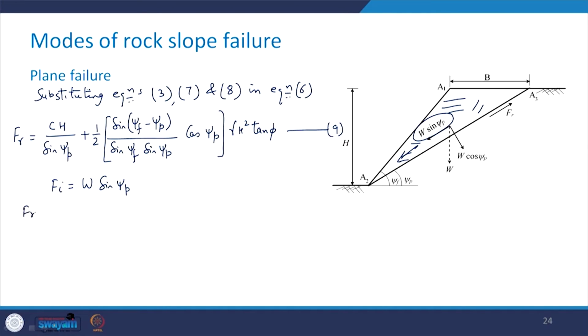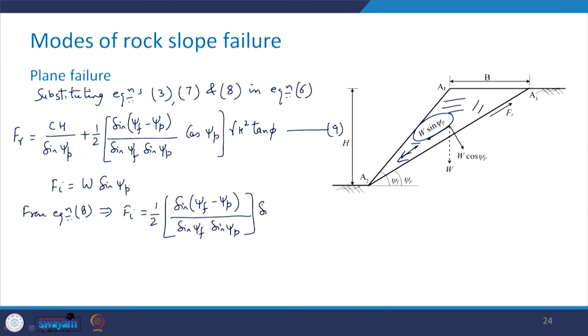Now, from equation number 8, substitute the value of W here, and you will get Fi as half sine psi f minus psi p divided by sin psi f sin psi p, and then you have here sin psi p already.